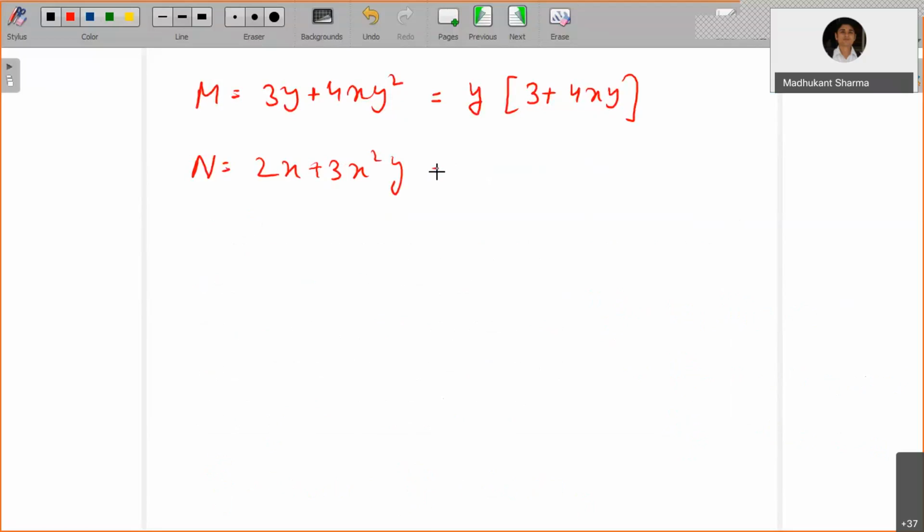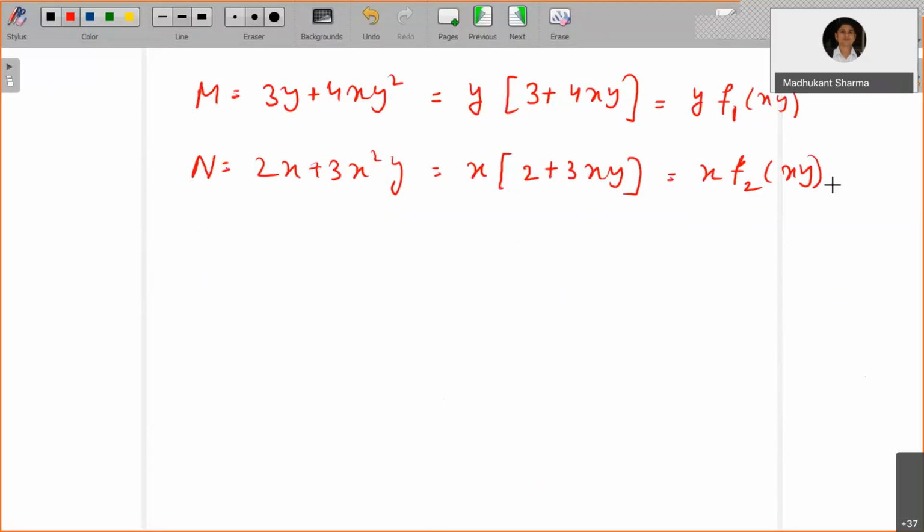I can certainly take x out, and what remains is 2 plus 3xy. If you carefully look at it, this is y into a function of xy, and this is x into a function of xy. So surely it falls into method 3, which we have seen.